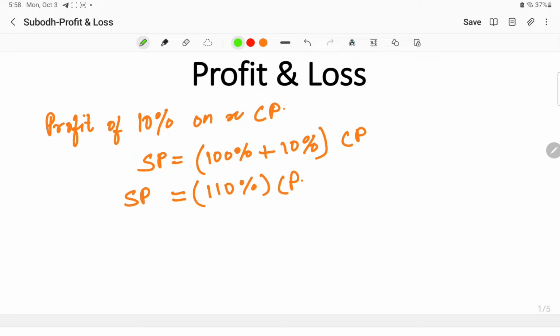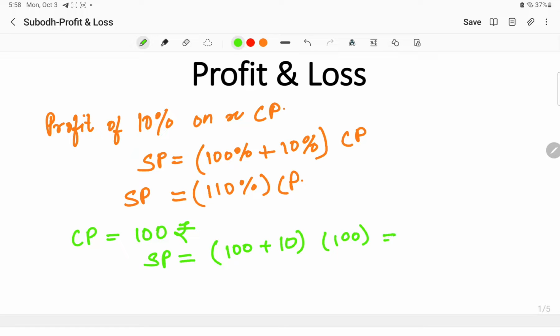Now suppose we are given a profit of 10% and cost price is 100 rupees. Using this formula, selling price equals 100 plus our profit percentage 10, into cost price 100, that equals 110 into 100.